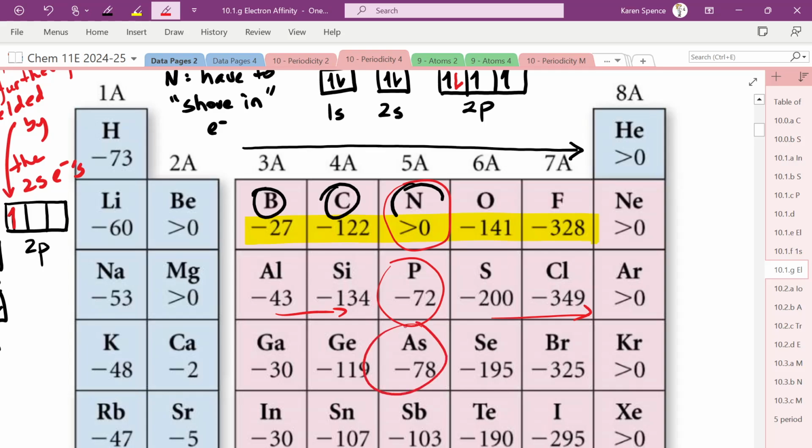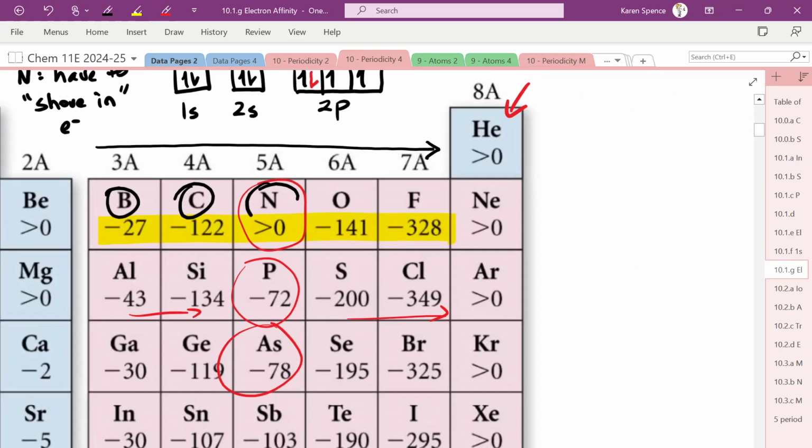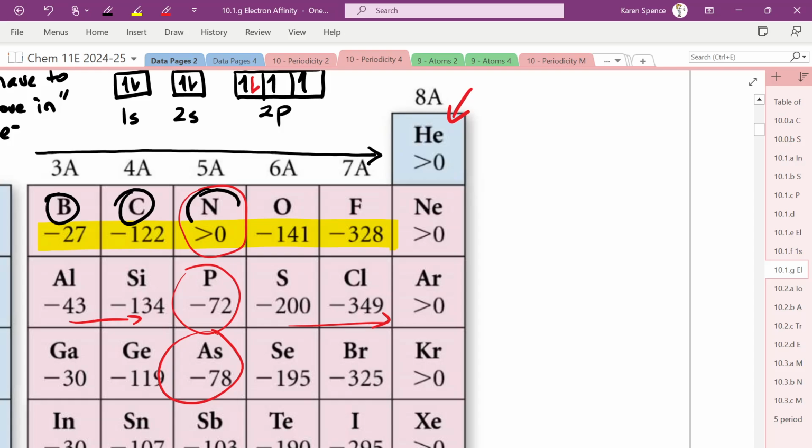So anytime we're putting something into a previously occupied orbital, that first one is going to cause a dip, okay? And we also have a big dip over at the noble gases. Why would the noble gases? They're already stable, but more important than that, let's do neon.